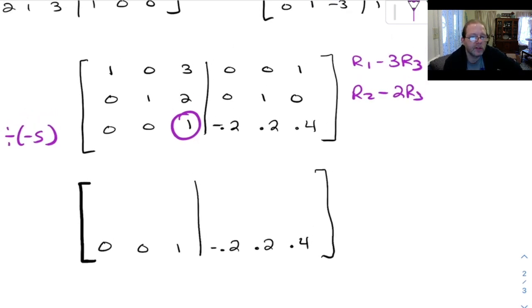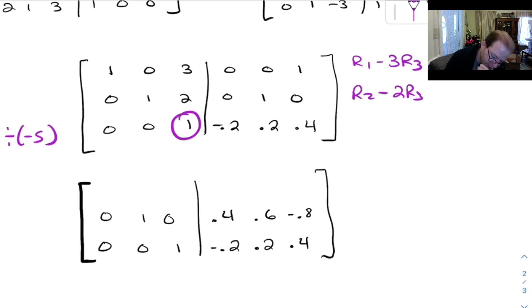Row 2 minus twice row 3. So that's going to be 0, 1, 0. Then 0.4. Then let's see, 1 minus 0.4 is 0.6. And then negative 0.8.